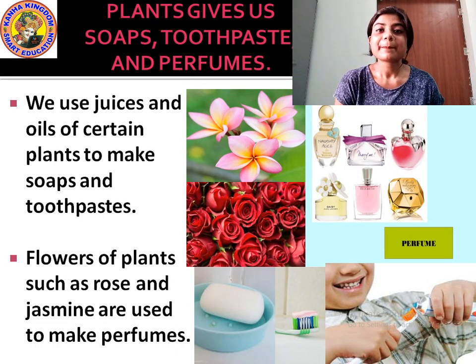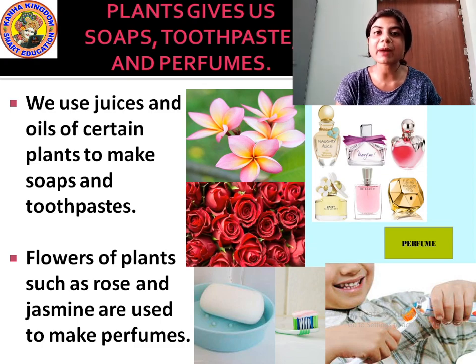Then students, plants also give us soap, toothpaste and perfumes. The soap that we use to take a bath, the toothpaste that we use to brush our teeth, and the perfume that we apply, what are these all made from? These all are made from plants. We use juices and oils of certain plants to make soap and toothpaste.